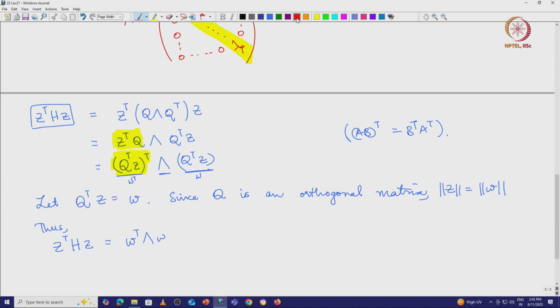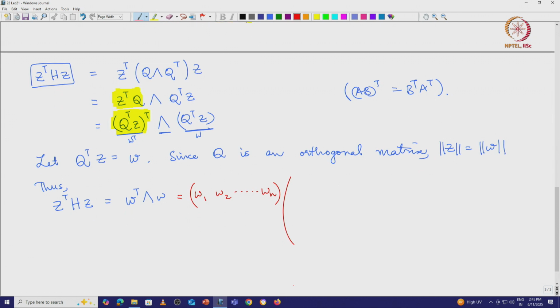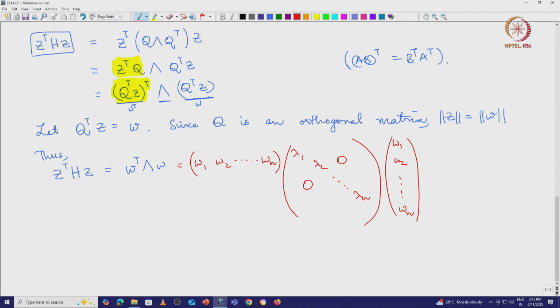Now, let us see how this looks. W transpose is a vector like this, and then you have a diagonal matrix with lambda 1, lambda 2 up to lambda n with zeros elsewhere, and then you have again W 1, W 2 all the way up to W n. Or if you want to be precise, this is W p because your Hessian is of size p by p.